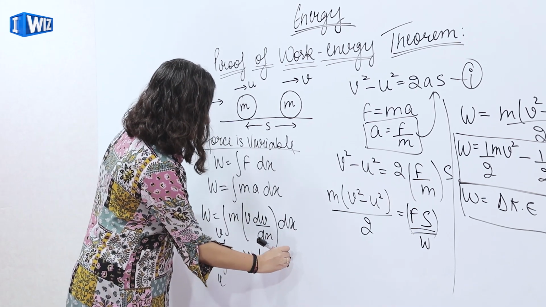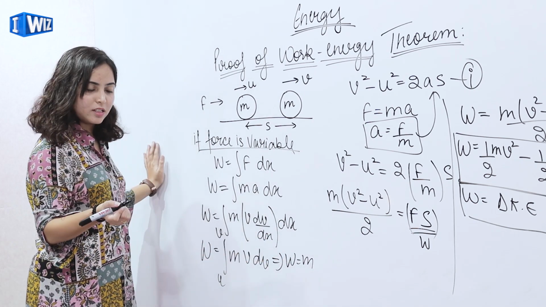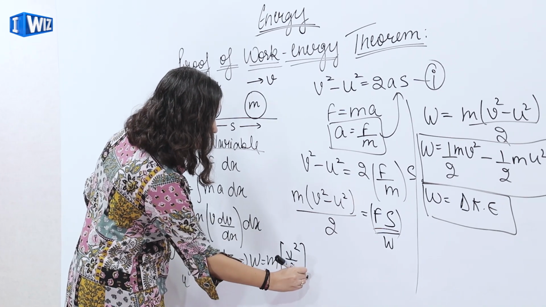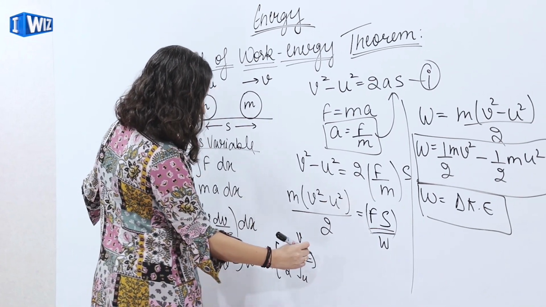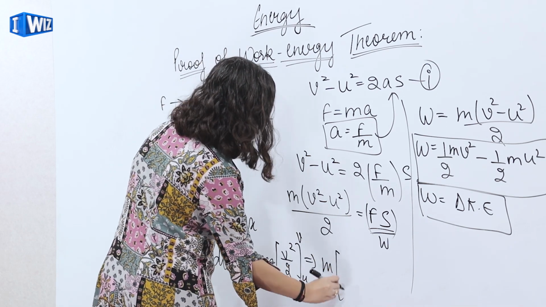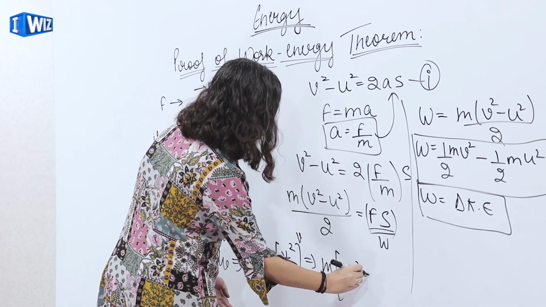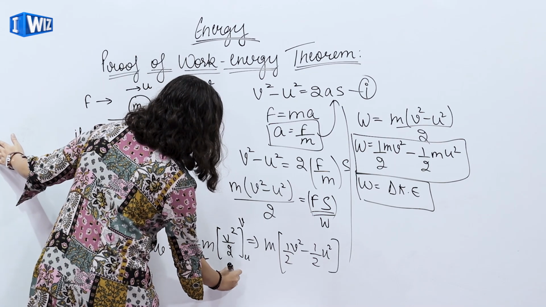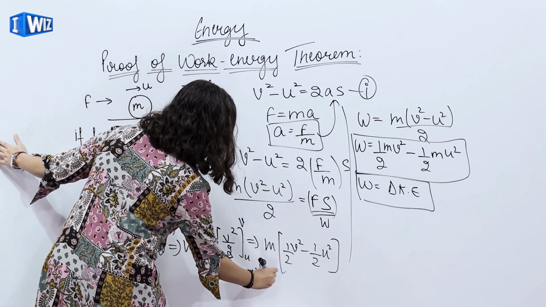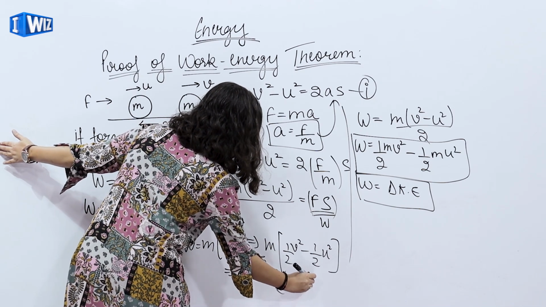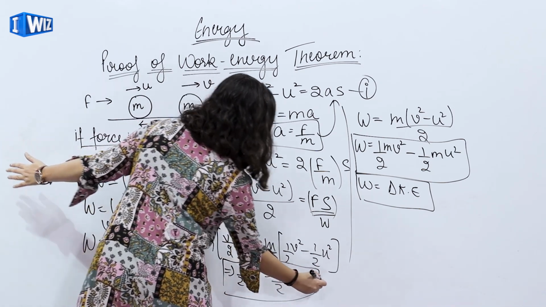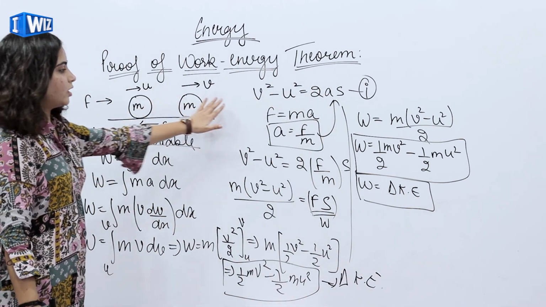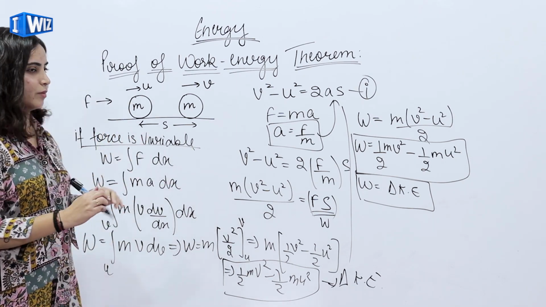I'll get work done is equal to m, because mass is constant, times the integration of v, which is v square upon 2 from u to v, and I'll get half v square minus half u square on substituting the limits, which is equal to half mv square minus half mu square. That is the change in kinetic energy. So this was for the constant force and this is for the variable force.